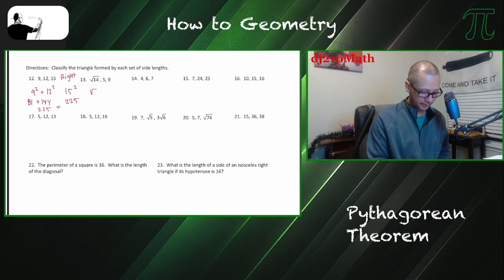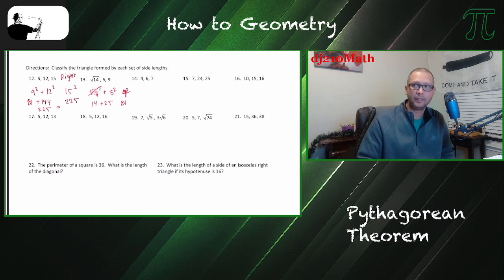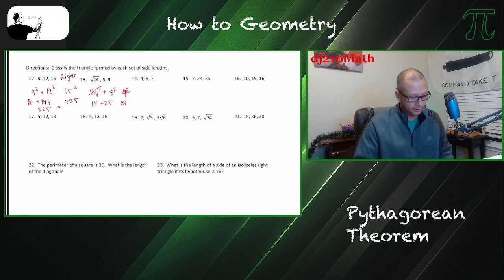So if I square root 14 plus 5 squared, compare that to 9 squared, 81. When you square the root, they cancel, so it's just 14 plus 25, and we compare this to 81.